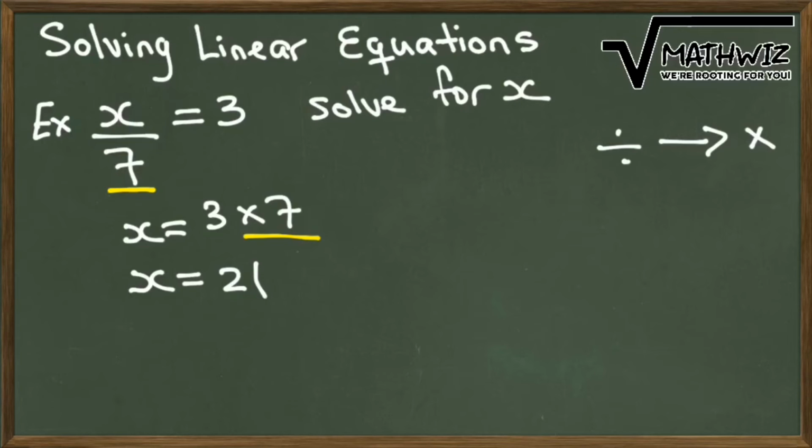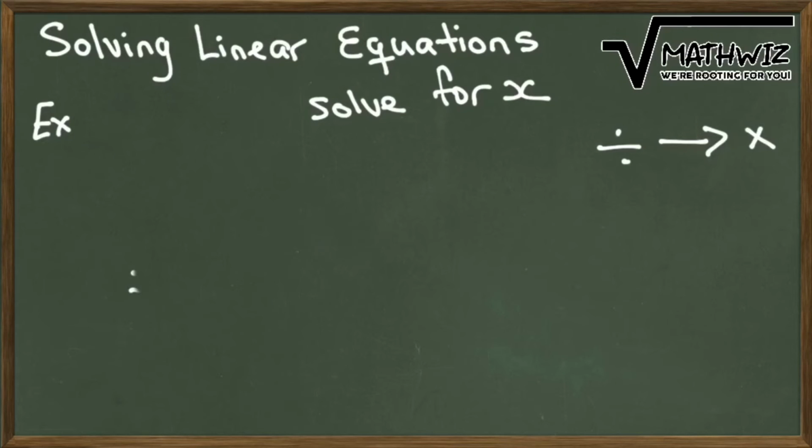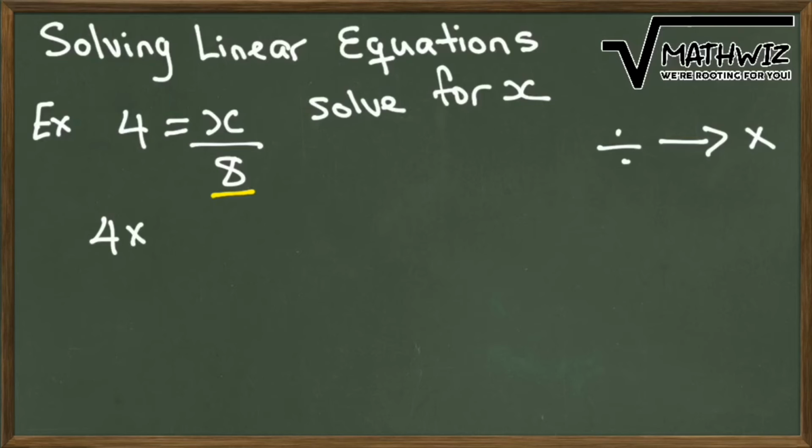All right, let's try one more example before I give you 2 to try on your own. All right, so let us say we have 4 is equal to x over 8. So even if it's on the opposite side, the 8, which is divided, when you take it to the left-hand side, you do the same thing, which is to multiply.